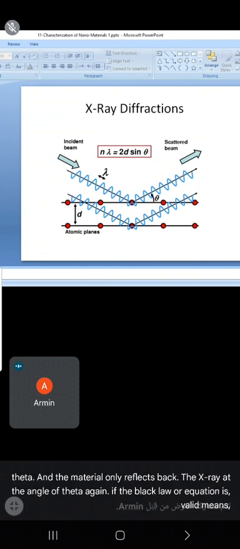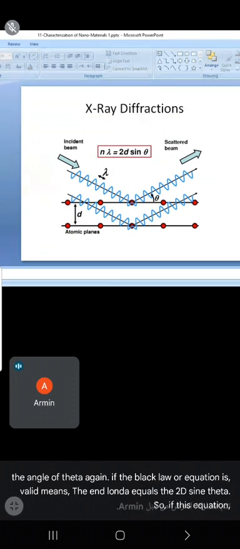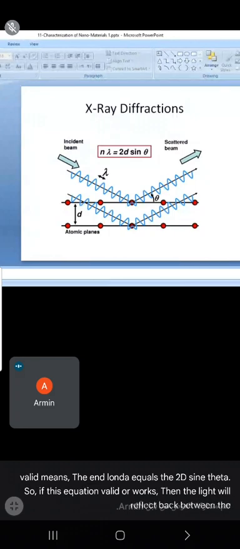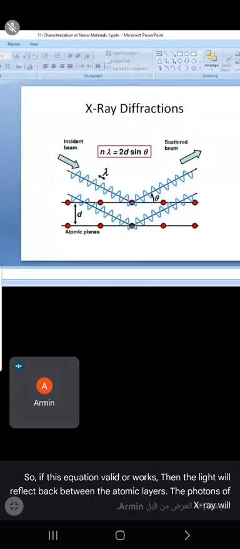Meaning n lambda equals 2d sine theta. So if this equation is valid, then the light will reflect back between the atomic layers. The photons of X-ray will reflect back.